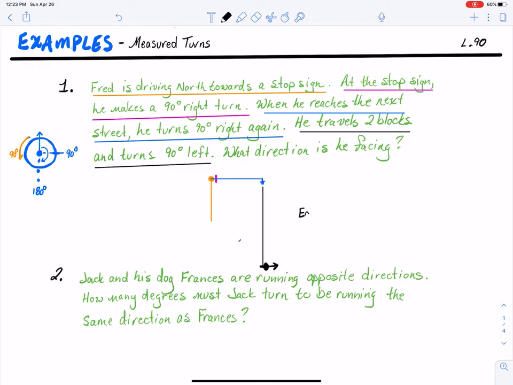The reason I know that is east is that directions go north to the top, south to the bottom, east to the right, west to the left. That's a consistent format that's used pretty much all over the place. You'll see that in your geography book, for example. You'll see that on any map.